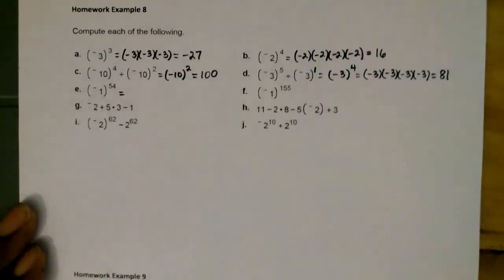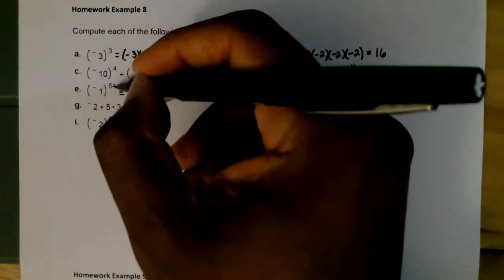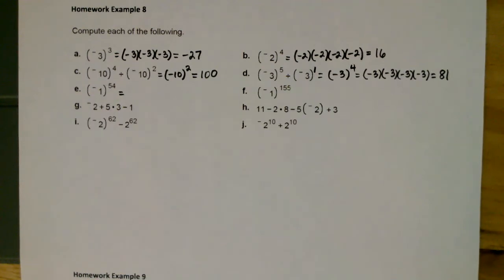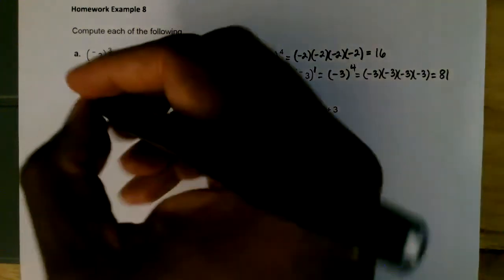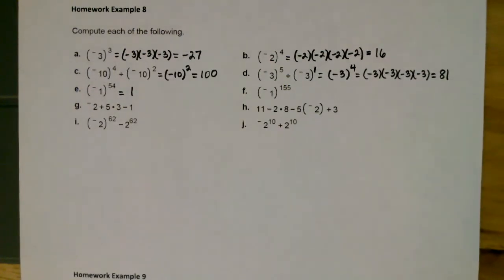All right, part E, negative 1 raised to the 54th power. And you don't have to write negative 1 54 times. Think of this, that negative is to an even power. And when a negative is raised to an even power, that's going to be positive. So negative 1 to the 54th power is just simply going to be 1.